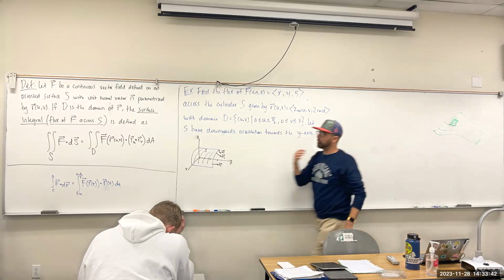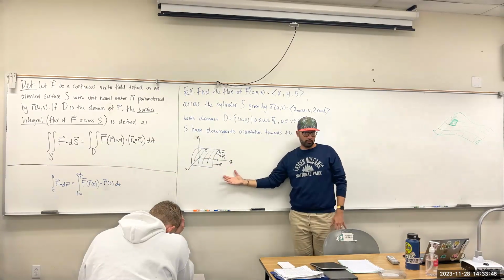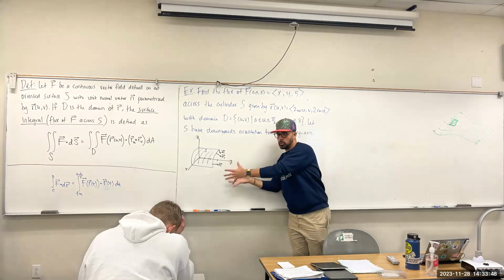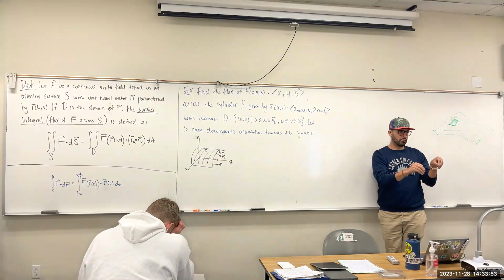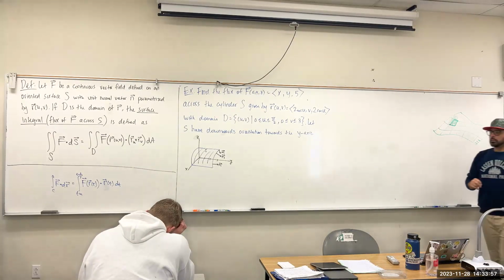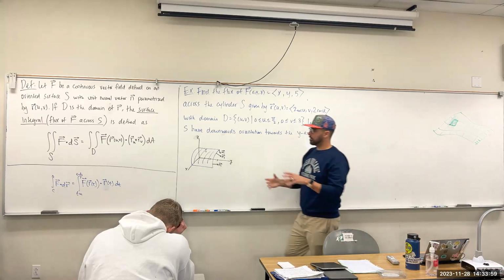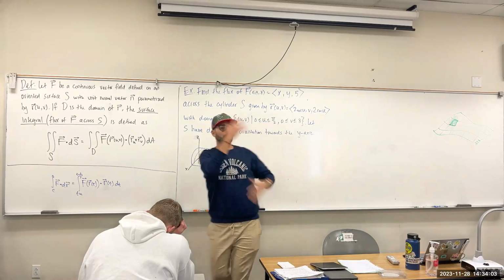So here, when you do a flux, if you get a negative answer, what do you think that means visually for this example? Let me have you guys discuss that real quick with your groups, because that's important, especially if you're doing it in physics. So if you get a negative answer versus a positive answer, what does that tell you about this whole thing we're discussing?